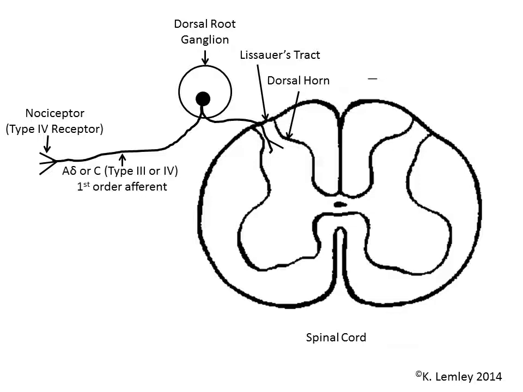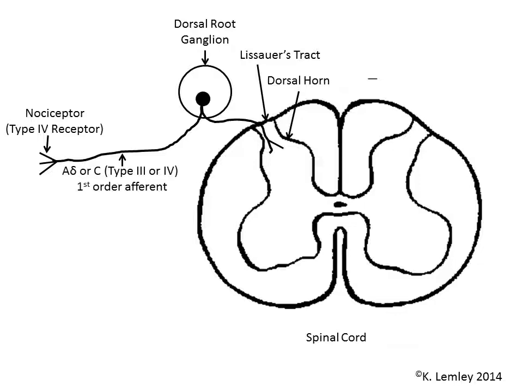Here is my drawing of pain information entering the spinal cord. I have my nociceptor or type 4 receptor. The action potential is going to be traveling along an A delta or C first order afferent, otherwise known as a type 3 or 4 first order afferent. The cell body is located within the dorsal root ganglion.